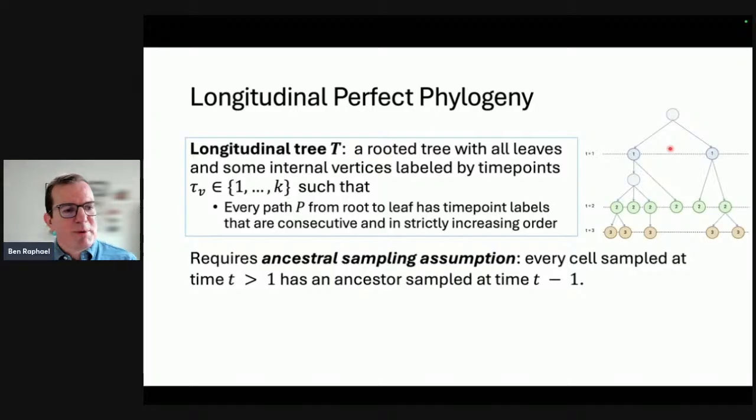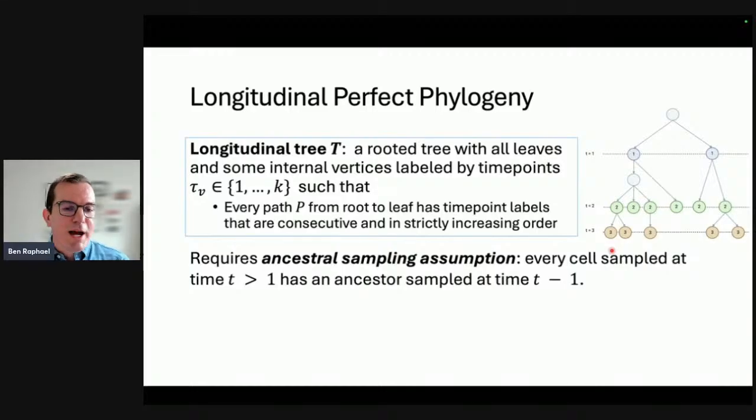And the condition that we impose is that every path from the root to a leaf has time point labels that are consecutive in increasing order. So you can see in this version of the tree, every path from root to leaf has labels 1, 2, 3. Now note that not every cell made it to the third time point, and there are certainly cells in between that we didn't observe, but the time points are ordered on every path.